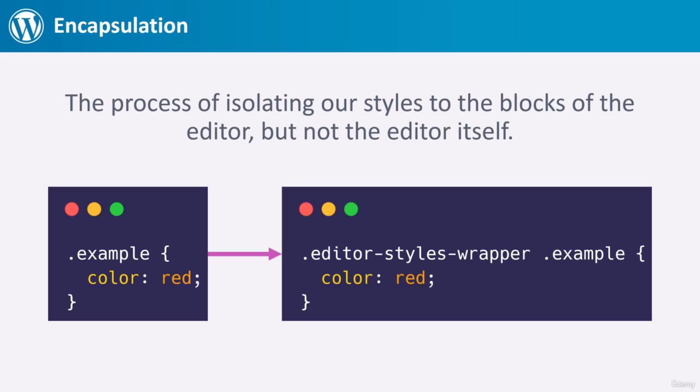Therefore, the final selector becomes Editor Styles Wrapper Example. This feature is beneficial. It prevents us from accidentally breaking the Gutenberg editor with our styles. Some problems will arise from this feature. However, we'll tackle them in a future lecture. Let's get back into creating blocks.